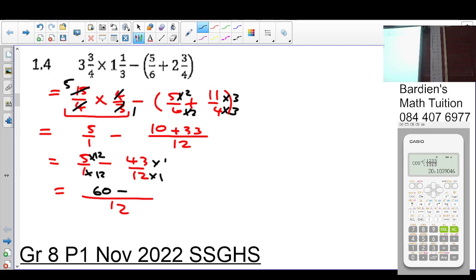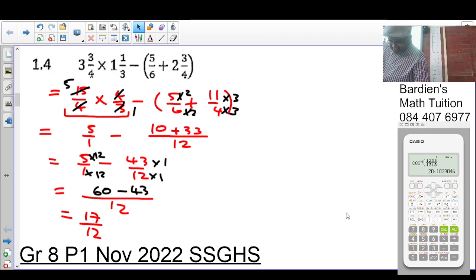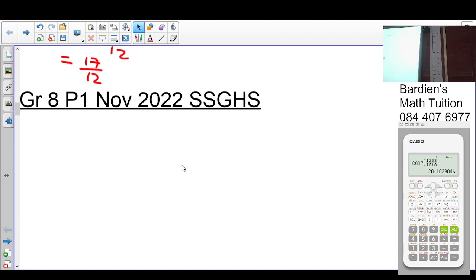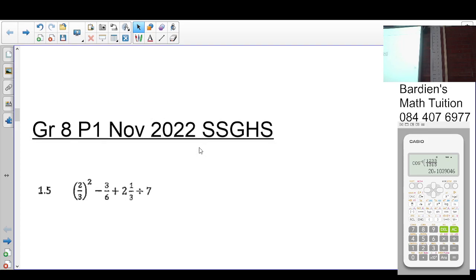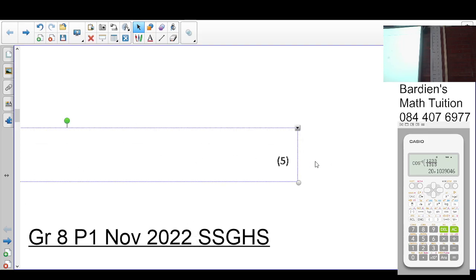Multiply by 1 gives you 43. What's 60 minus 43? 17 over 12. You don't have to change it to a mixed number unless they specify it must be written as a mixed number.